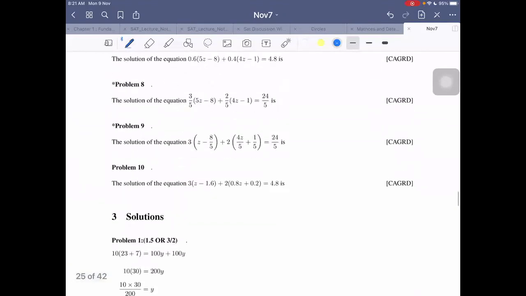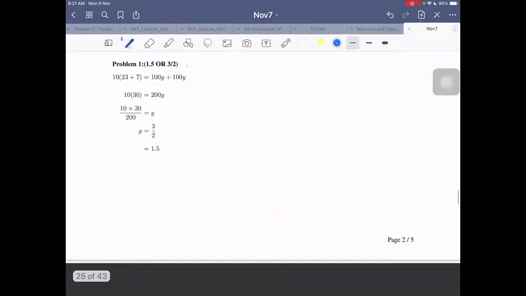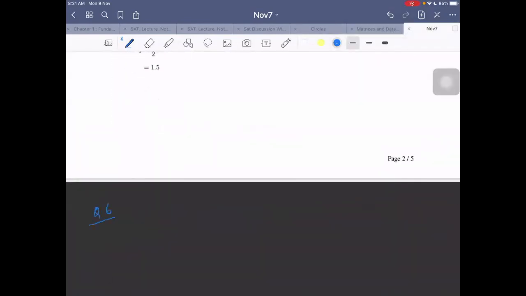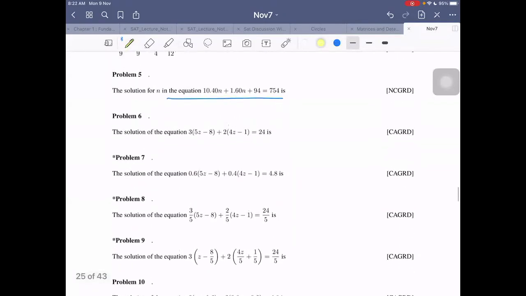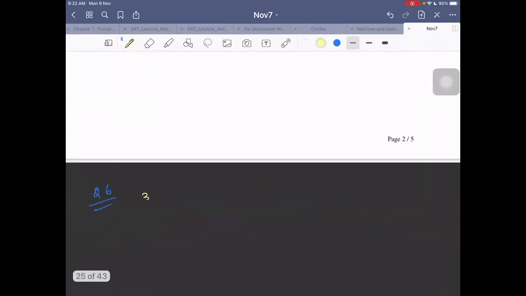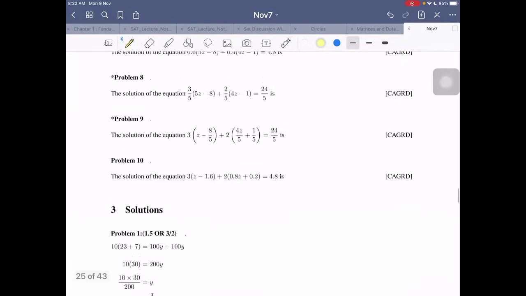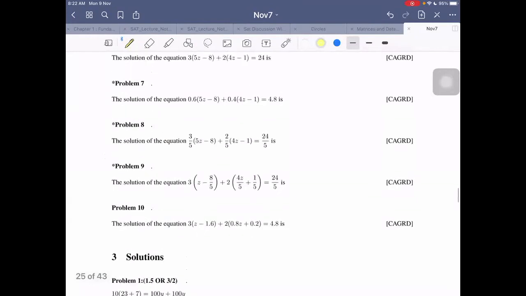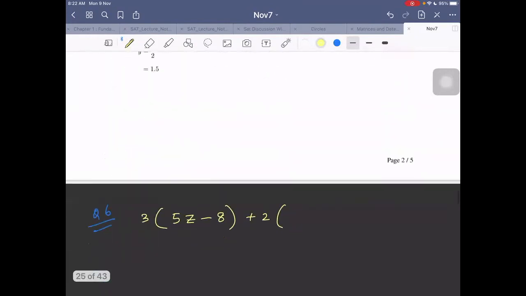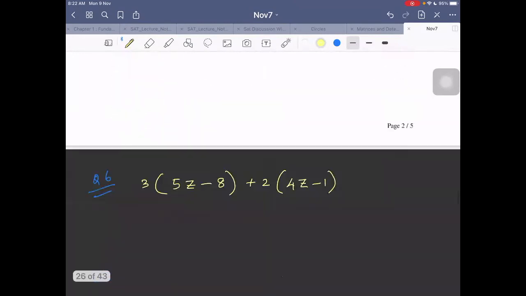Shall we go to the next question? So in question number 6, what do we have? We have 3 into 5z minus 8 plus 2 times 4z minus 1 is equal to 24.